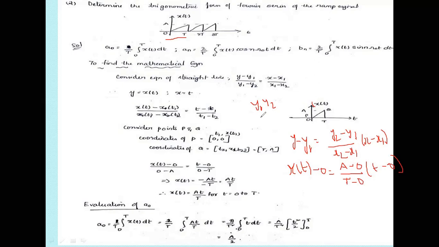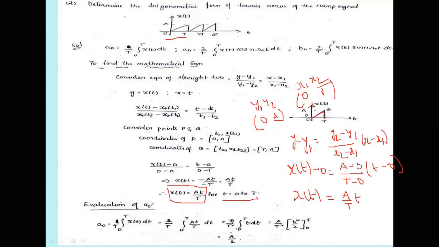So the y1 value is 0 and the y2 value is A on the y-axis, see the 0 and A, and x1 and x2 are 0 and T. By substituting these coordinates in this equation, we get x of t minus 0, so x of t is equal to A by capital T into small t. This is the slope equation. See, x of t is equal to A t by capital T from 0 to capital T, on the range of the slope. Up to this I found the equation.